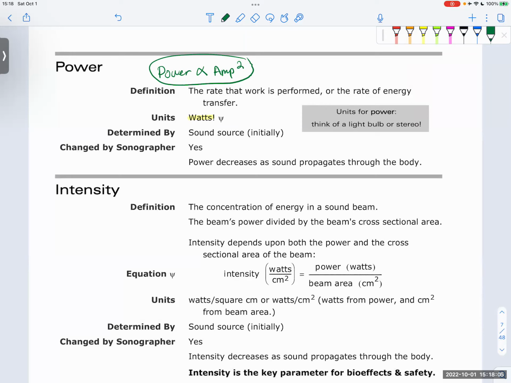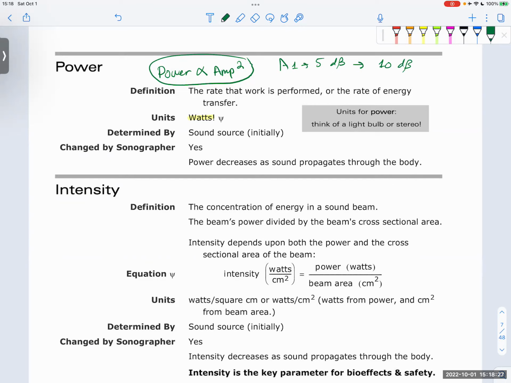Now, what's the relationship? The question might say the first wave amplitude, A1, was 5 decibels. Now, if you double it and make it 10 decibels, what's going to happen to the power? We apply that equation.